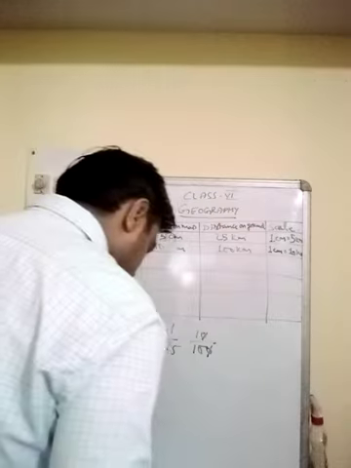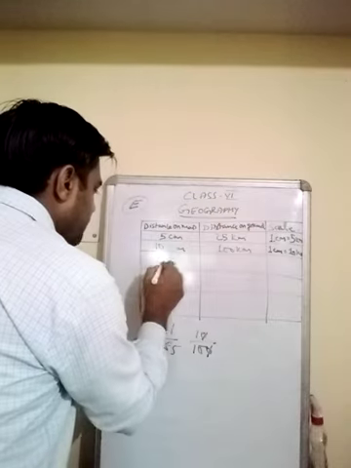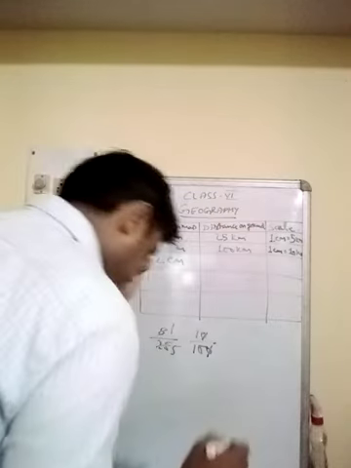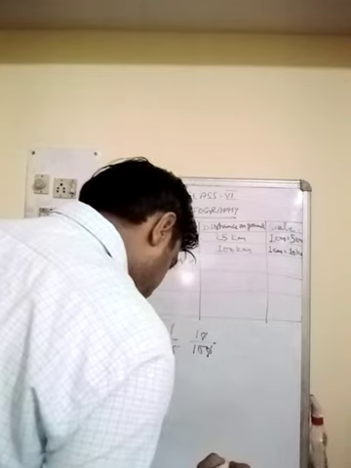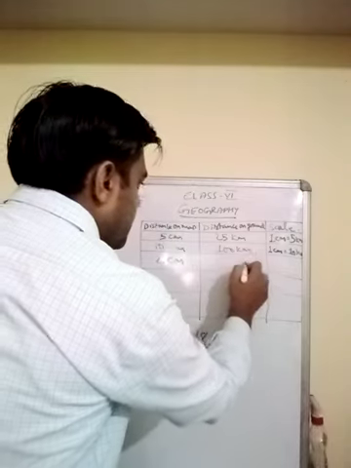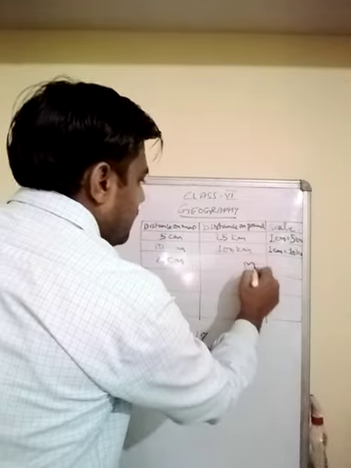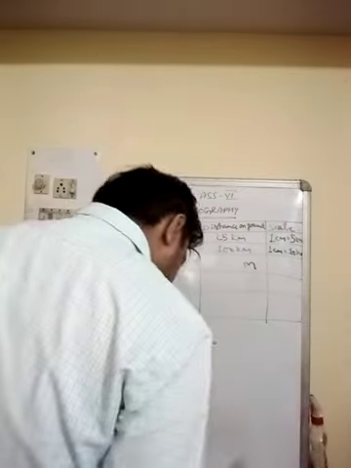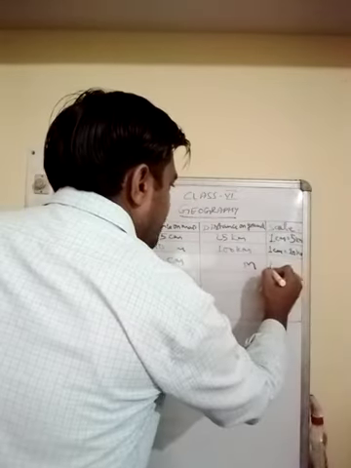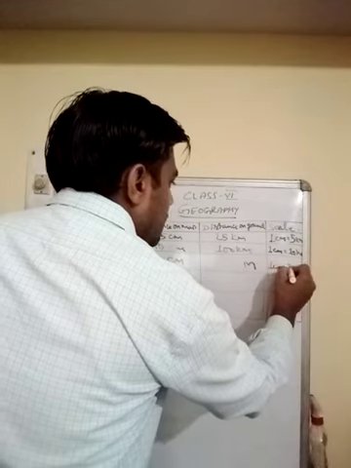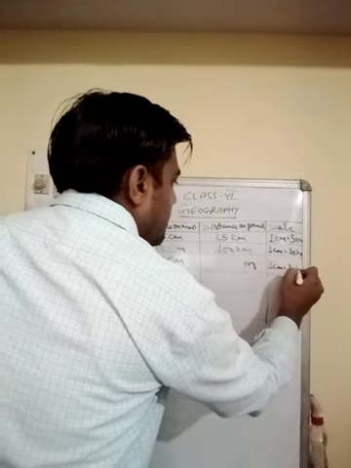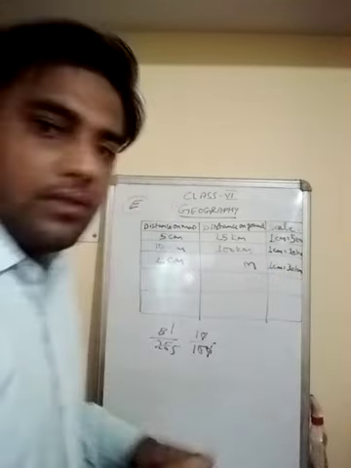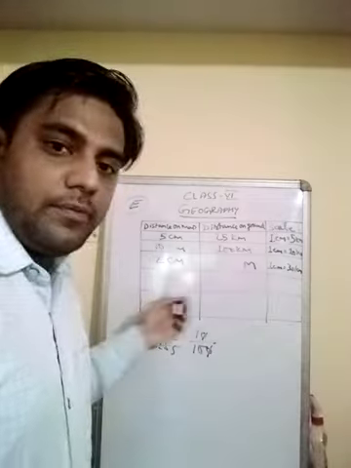Then you have 2 centimeter. You have dash meter here. Your question here is in meter, and your scale is 1 centimeter equals 30 kilometer. Please pay attention here. Your question is 2 centimeter.